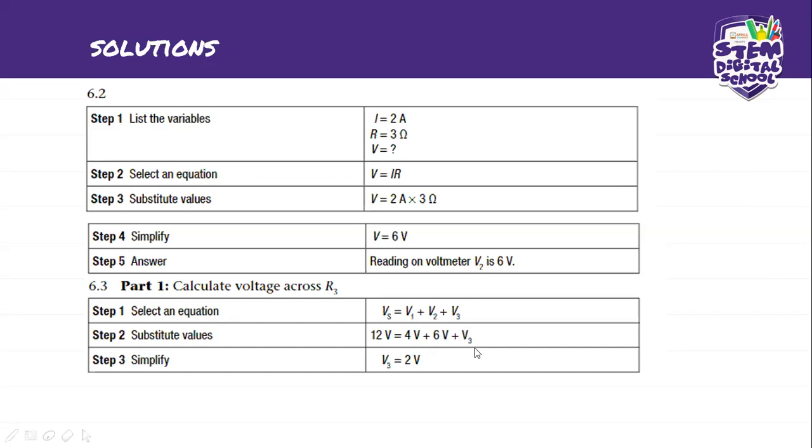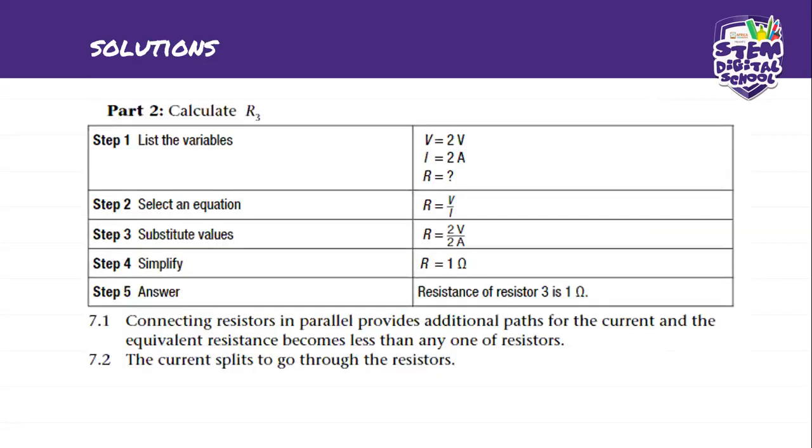We take this to the other side, so V3 is equal to 2. That's the first part. Now we take our first part and merge it into the equation of Ohm's law. Calculating R3, now we've got both our voltage and our current. We select the equation R is equal to V over I. Substituting the values gives us a resistance of 1 ohm.